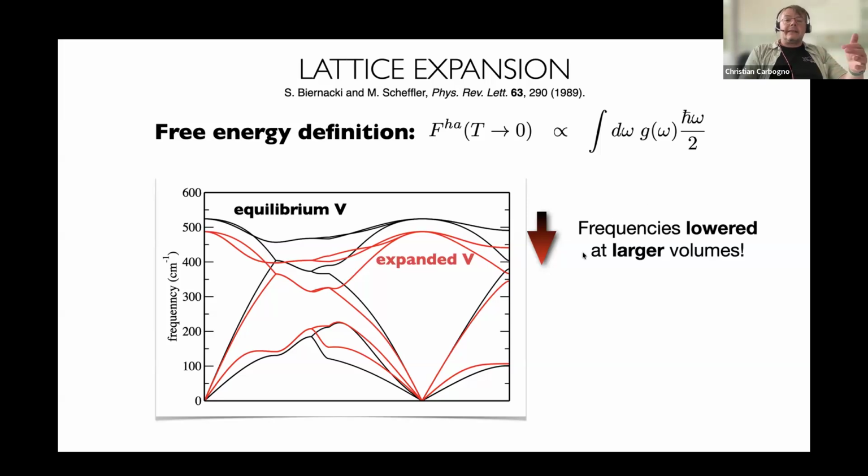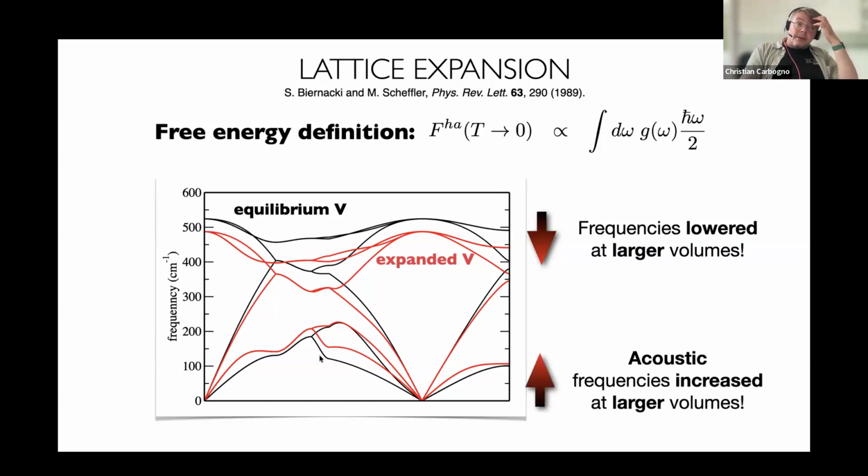In that case, your free energy decreases for larger volumes, and this is what gives you the expansion at very high temperatures or at room temperature. At very low temperatures, however, only the acoustic modes are occupied, and only those give you a contribution. In that case, the frequencies increase with larger volume. So here the crystal has the tendency to shrink if only these acoustic modes contribute.